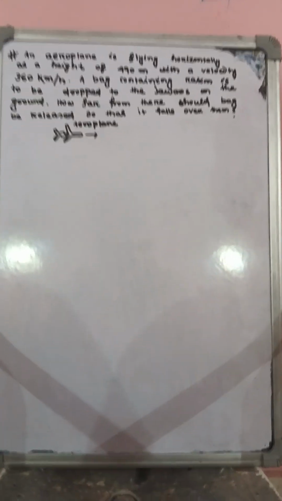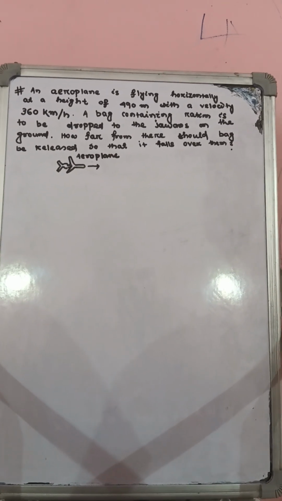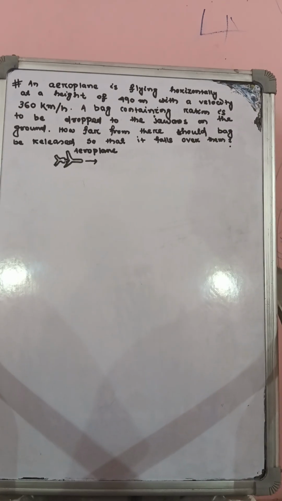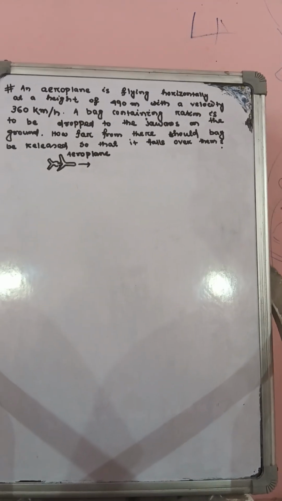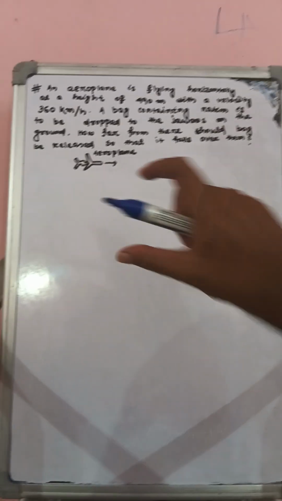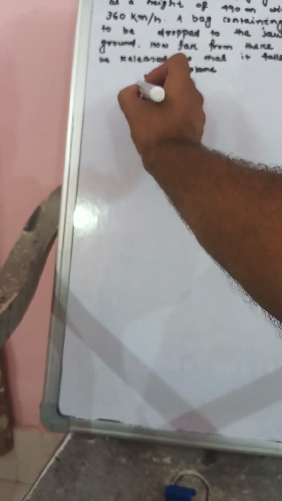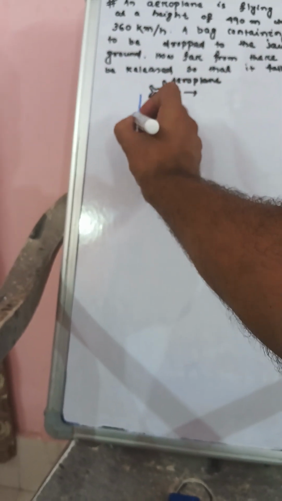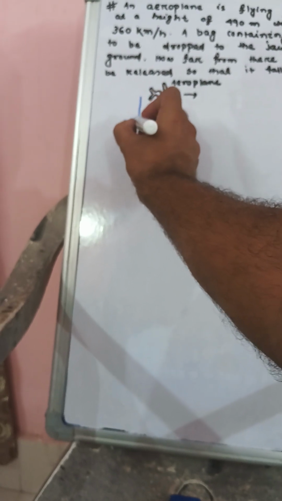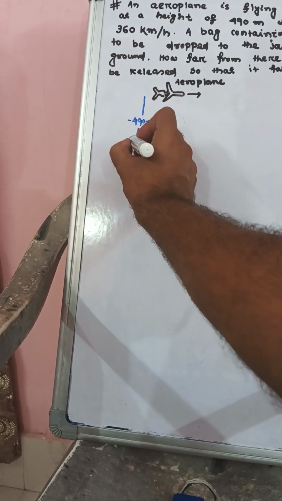Horizontal projectile motion. An aeroplane is flying horizontally at a height of 490 meter. So the height will be, this is the aeroplane, negative 490 meter, because it is measured from the ground.